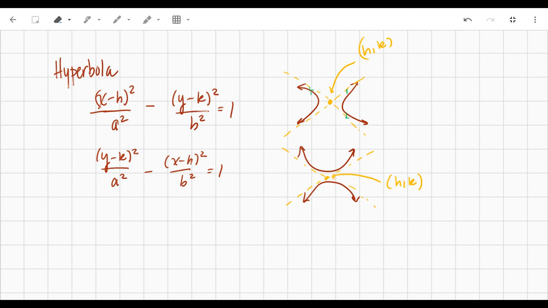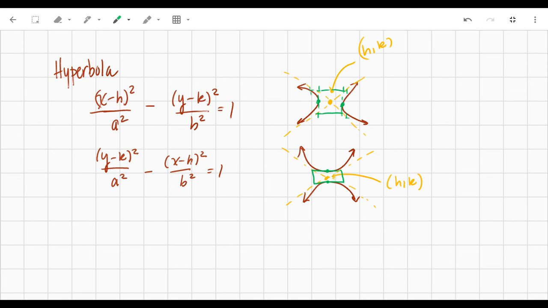Okay, there's a couple things about the box. First of all, they go through right here and right here. And the diagonals of the box are your asymptotes. So they go from corner to corner. So the box here would go here, here. Kind of like this.